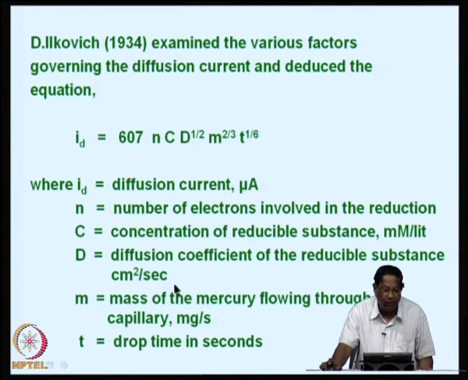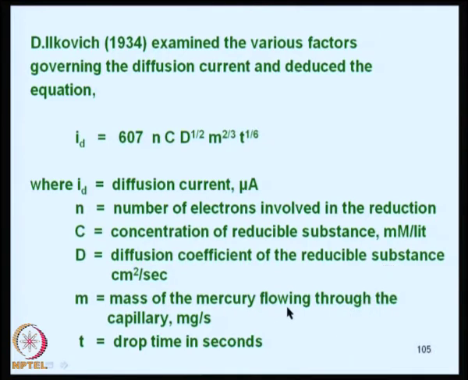The units of D are centimeter square per second, and m is the mass of the mercury flowing through the capillary, that is so many milligrams per second, and t is the drop time.